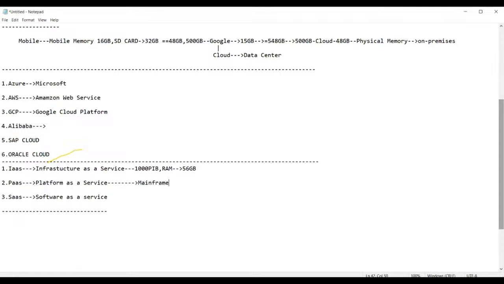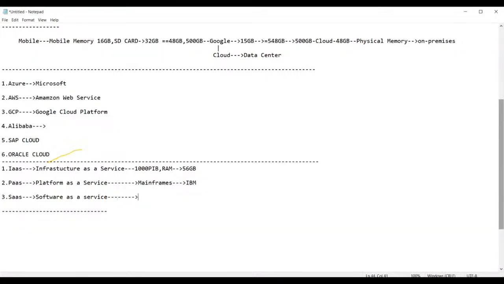Mainframes. Mainframes is an operating system from what? IBM. So you need not buy the license of this. You need not worry about the operating system. Simply you need to inform your cloud provider Azure that you require the mainframes operating system. He will take care.